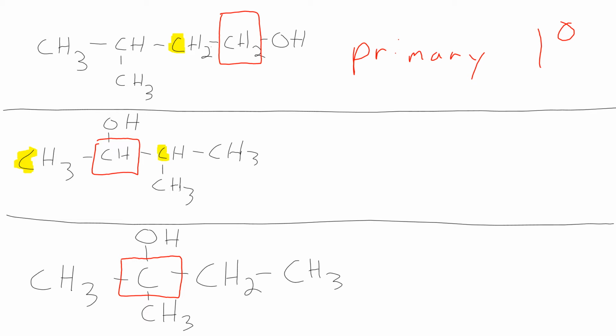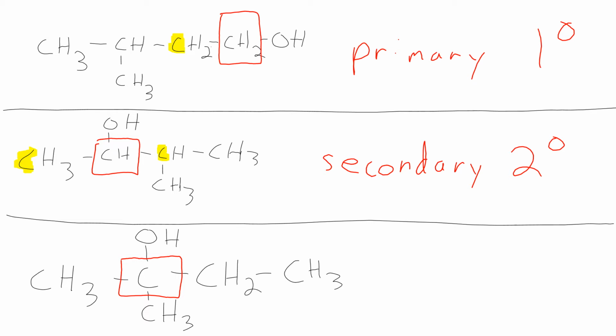So the boxed in carbon, the one that has the OH, we have 2 other carbons directly attached to it. That's going to make this middle alcohol a secondary alcohol because there are 2 other carbons directly attached to the carbon with the OH. So we have a secondary alcohol.